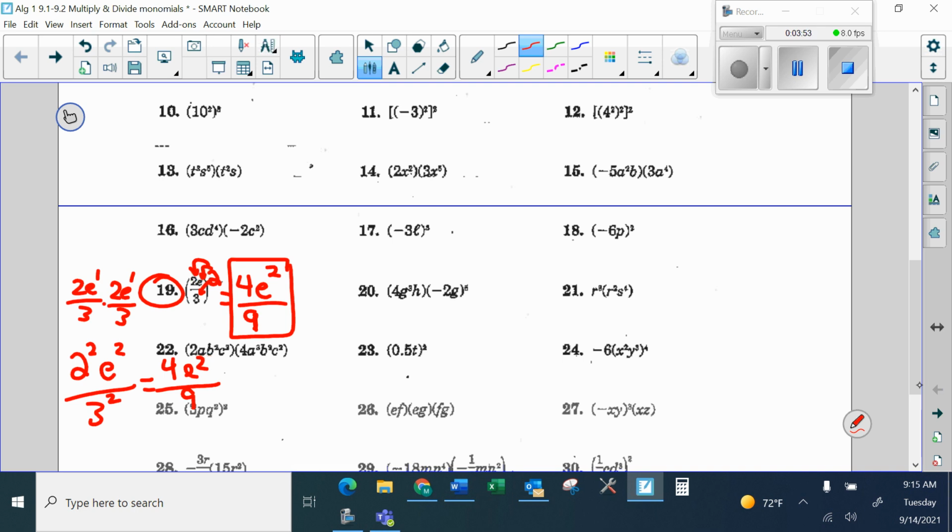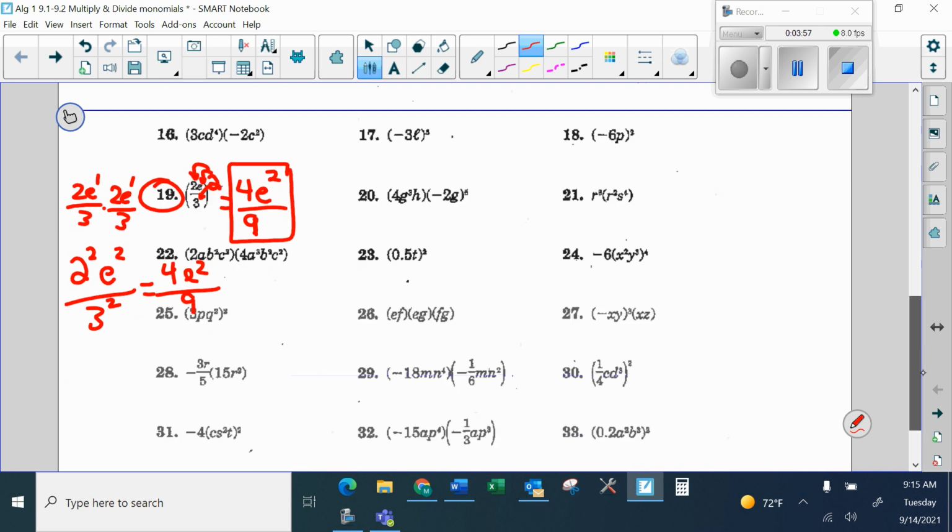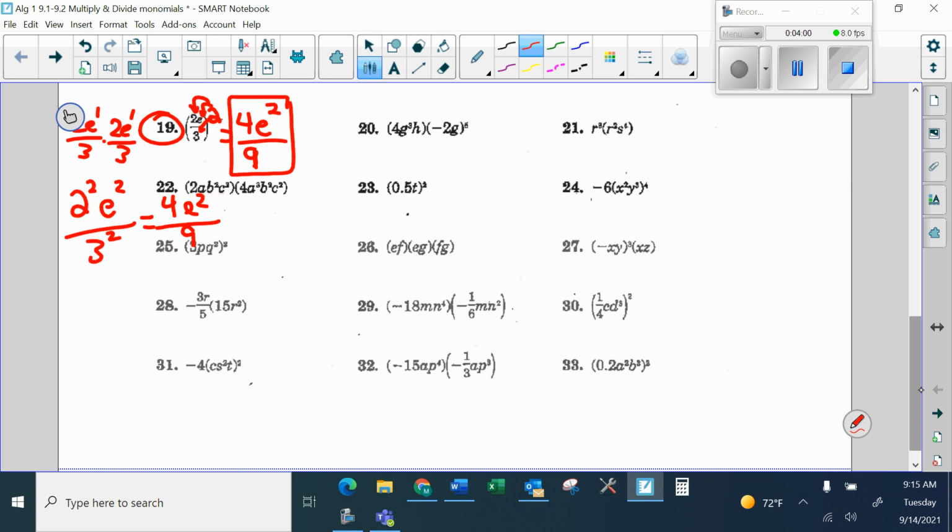Okay. Now, let's see another odd one here. All right, number 33. Notice that's a 2 outside there, so I have to distribute this exponent of 2 for each of those. Again, I could rewrite it out, 0.2a squared b cubed times 0.2a squared b cubed.